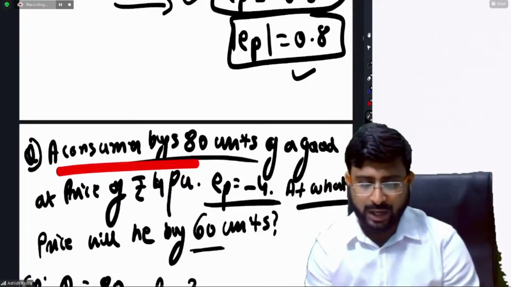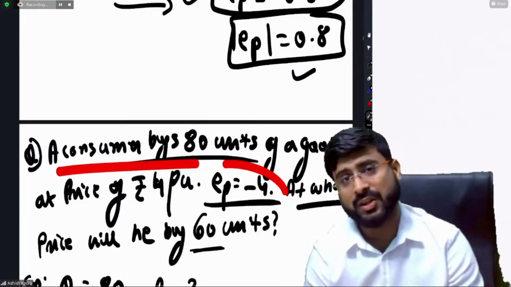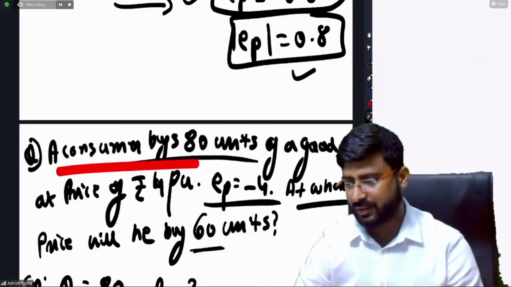So this time you will have to find out the new price. This time you have the elasticity value given, and you have to compute the new price. Come on, everybody, try it out. I'm waiting.